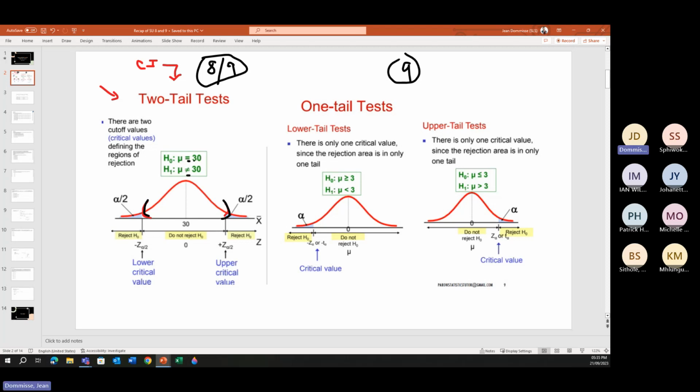Not equal means that it might be smaller or it might be bigger. So that's why we will have a two tail. When it is directional, meaning that it wants us to work out the bigger than or the smaller than, we work with a one tail.